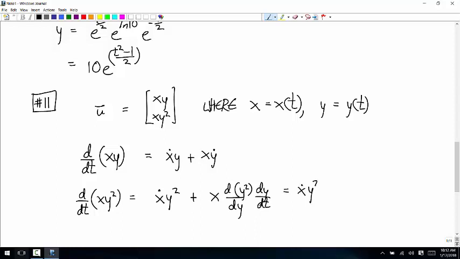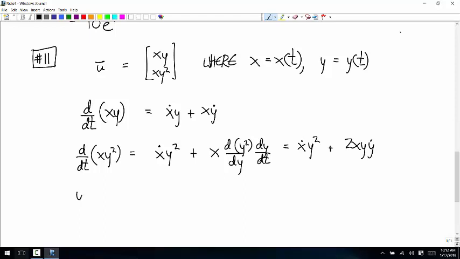So that's equal to, derivative of y squared with respect to y is 2y. So this is 2x y y dot. And so as a vector, the x component is x dot y plus x y dot, and the y component is x dot y squared plus 2xy y dot.